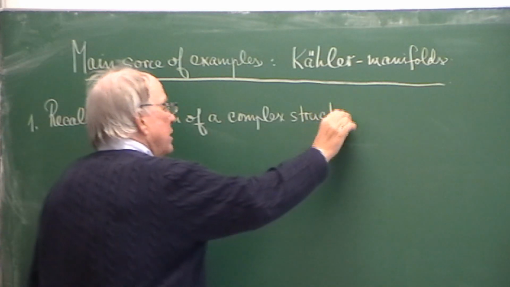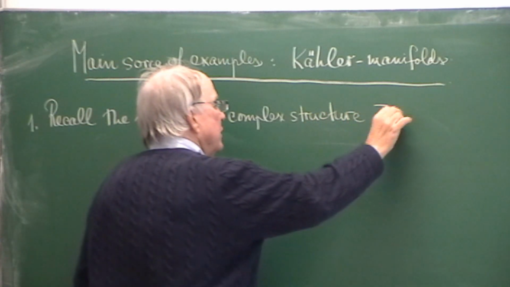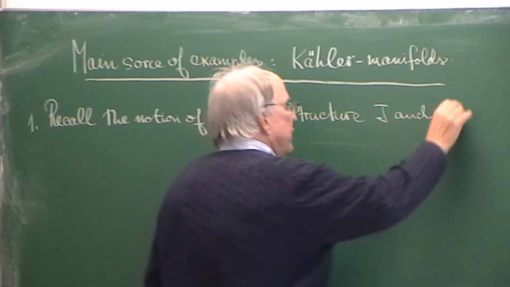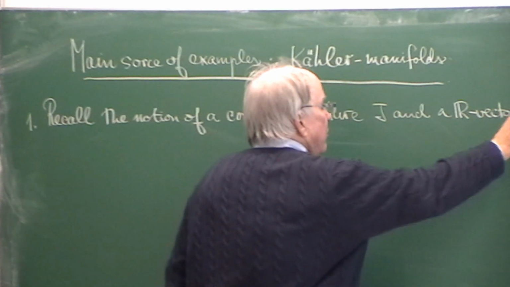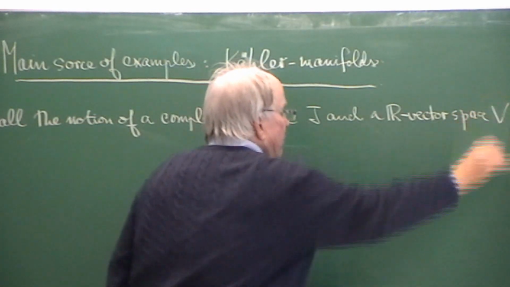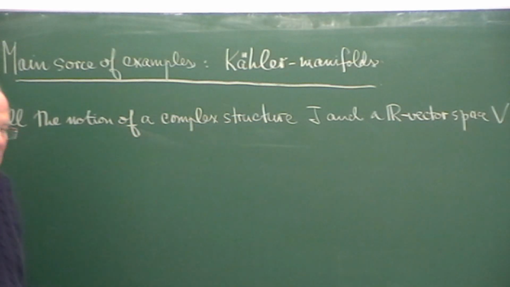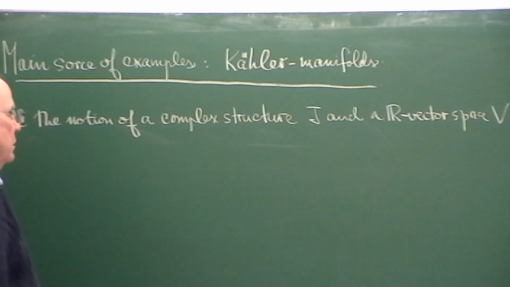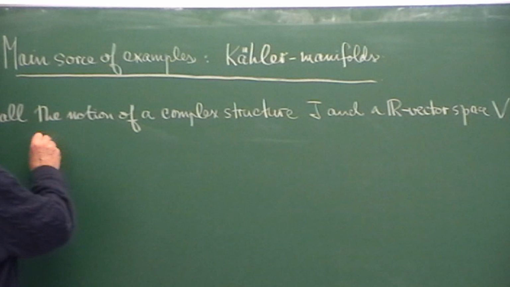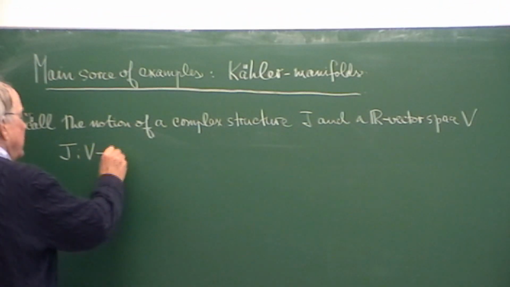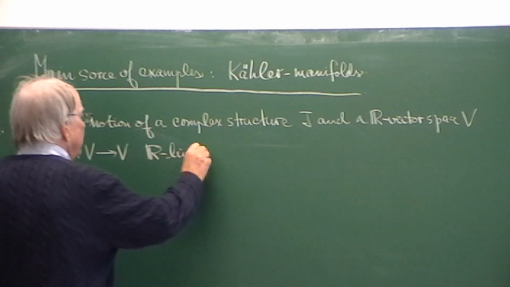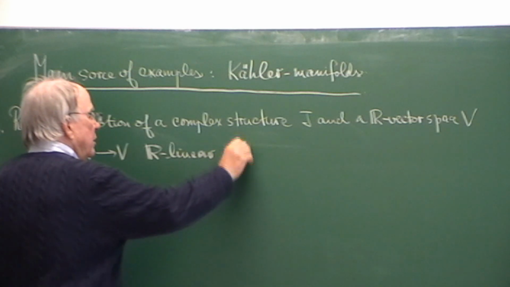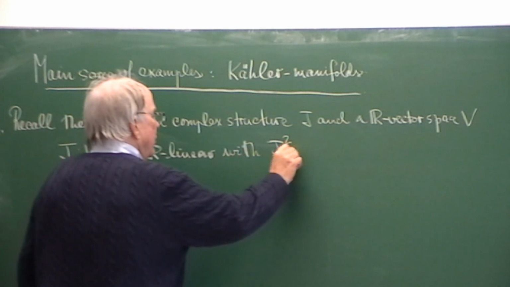But I'll write it in this way: a complex structure J on a real vector space V. So J is a linear mapping with J squared equal minus the identity.